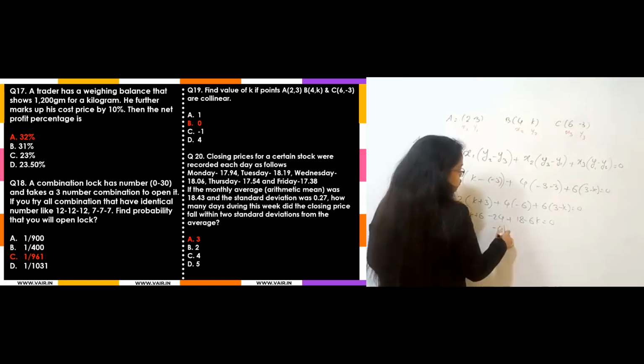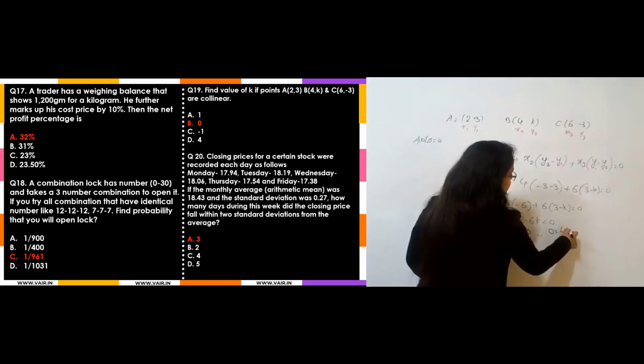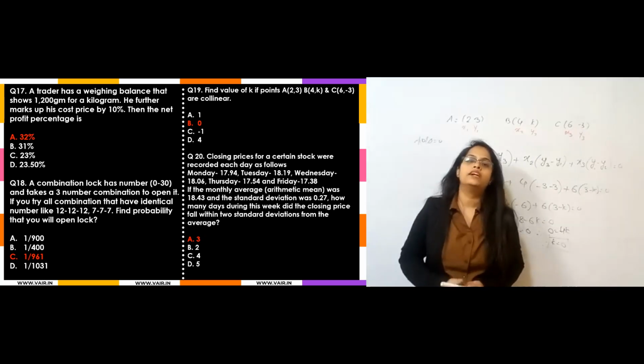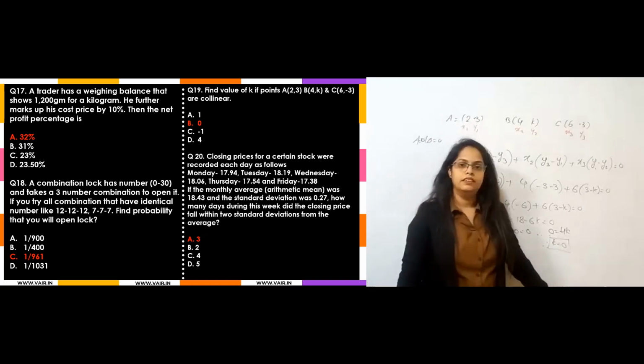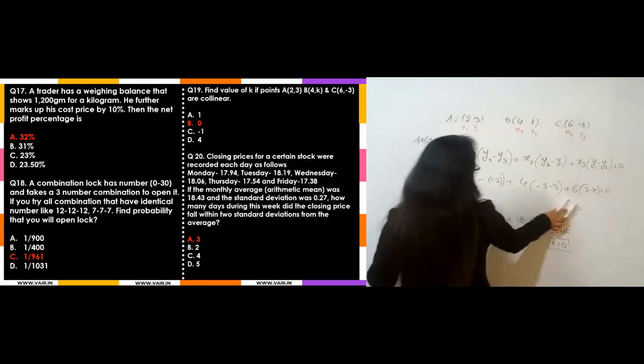That means minus 4k plus 0 is equal to 0. So 0 is equal to 4k. That means k is equal to 0. So the value of k should be 0 so that those points will be collinear. So the answer is 0. Now let's solve the next question. Question number 20 was there.